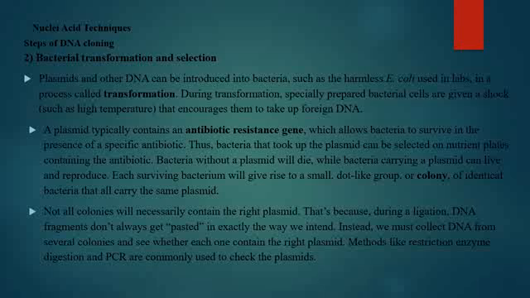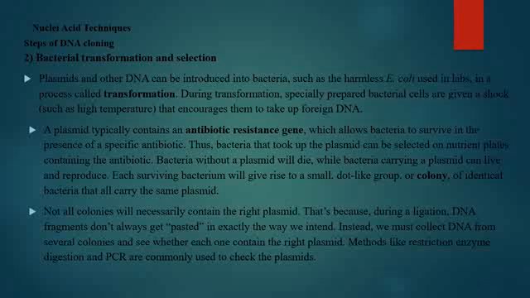That's because during a ligation, DNA fragments don't always get pasted in exactly the way we intend. Instead, we must collect DNA from several colonies and see whether each one contains the right plasmid. Methods like restriction enzyme digestion and PCR can be used to check whether these plasmids are right.